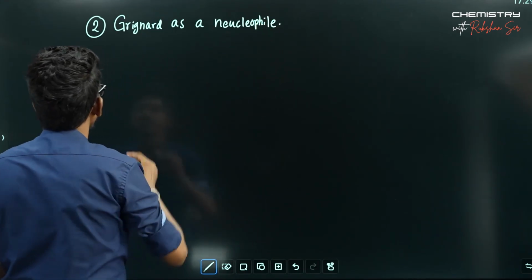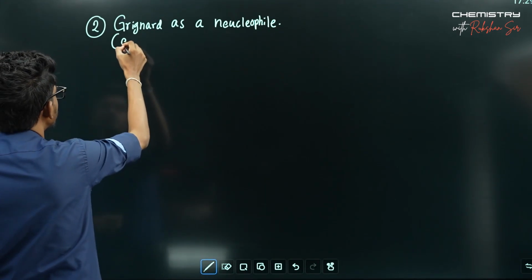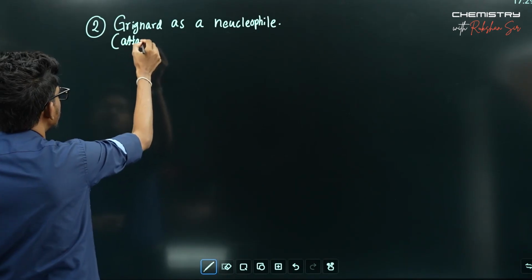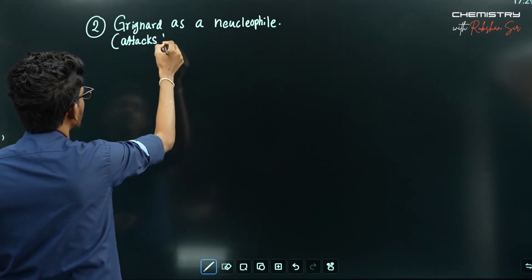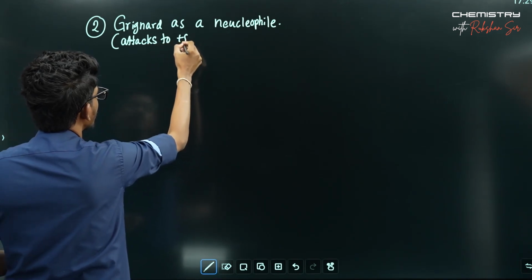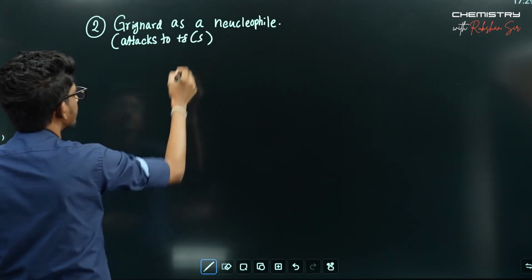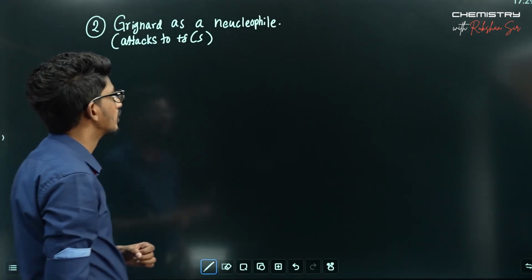We have the Grignard attacking delta positive carbons. That is why it is referred to as a nucleophile in these reactions.